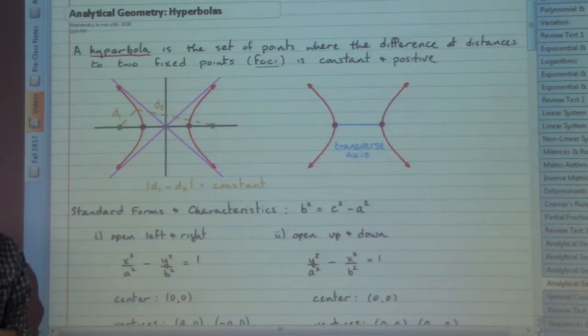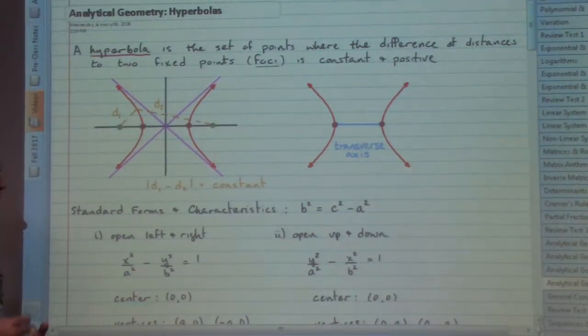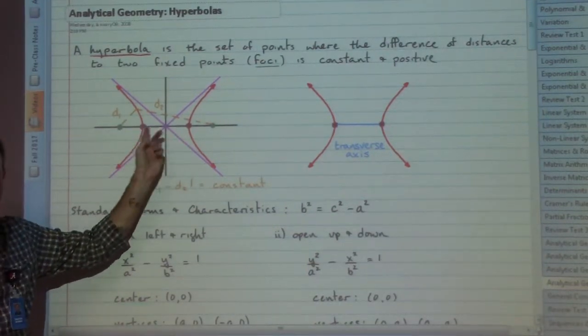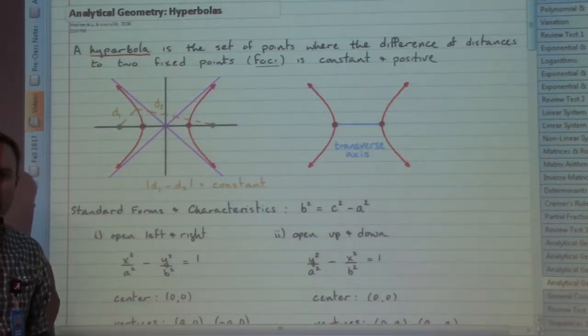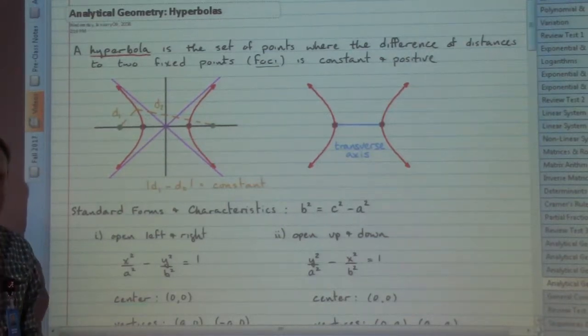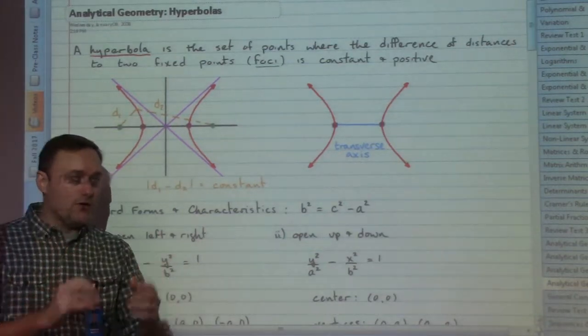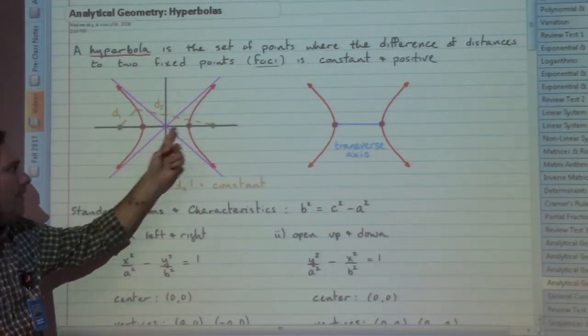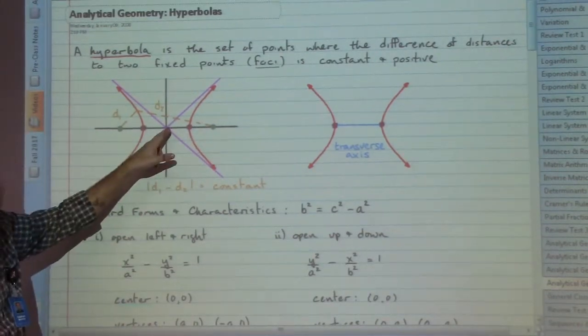What we have going on, though, because of the nature of what we're looking at here, for lack of any better wording, let's call these two interior points the vertices, the same as we did before. Because this is different from the ellipse, those vertices are now the interior points that we see, while the foci are further away from the center.